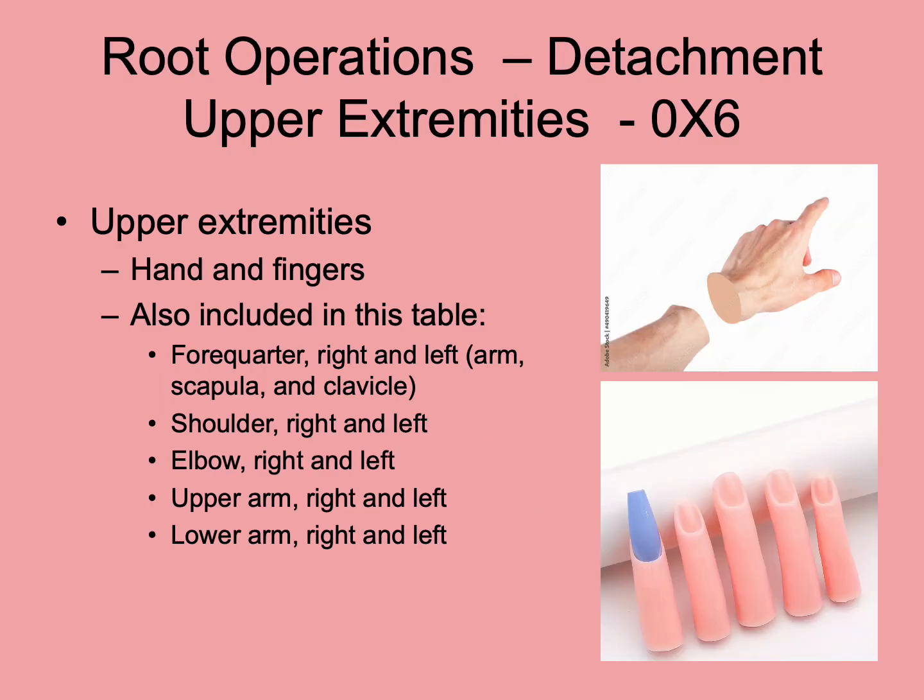Okay, so detachment upper extremities is table 0X6. Upper extremities, hands and fingers, are also included in this table, along with forequarter, shoulder, elbows, upper arm, and lower arm. So we're really going to talk about hands and fingers in this presentation.